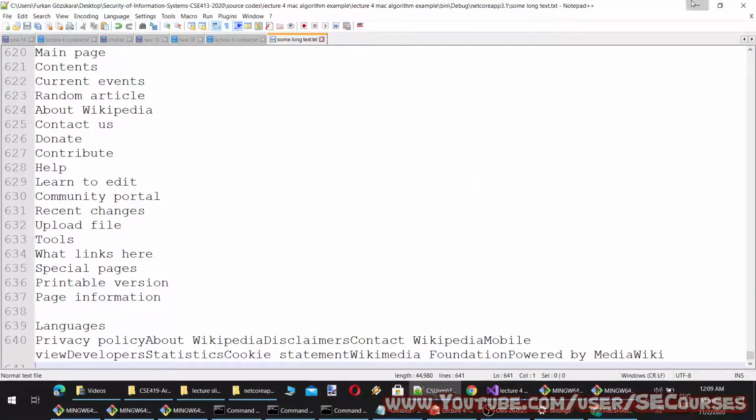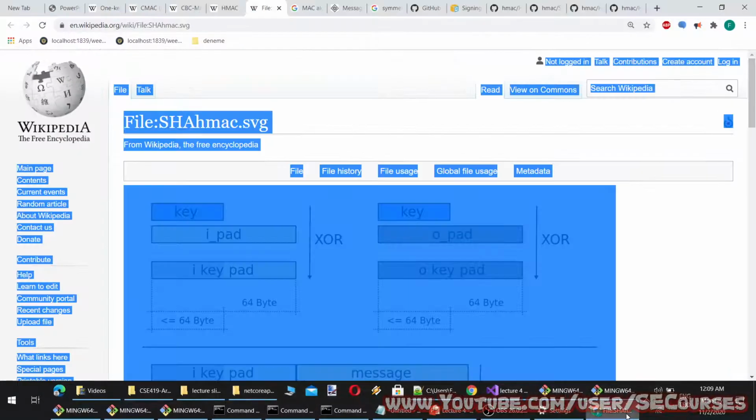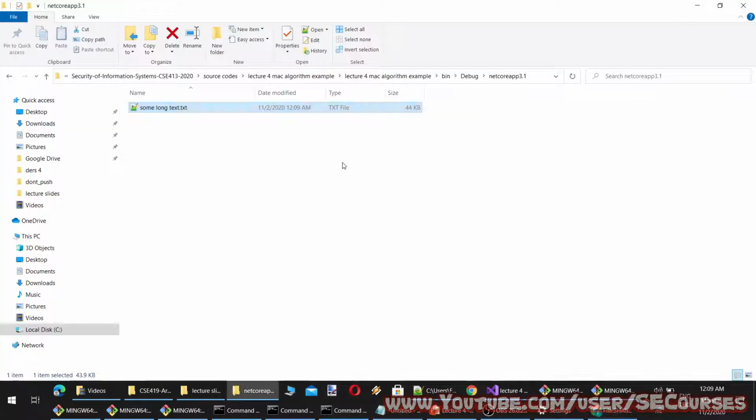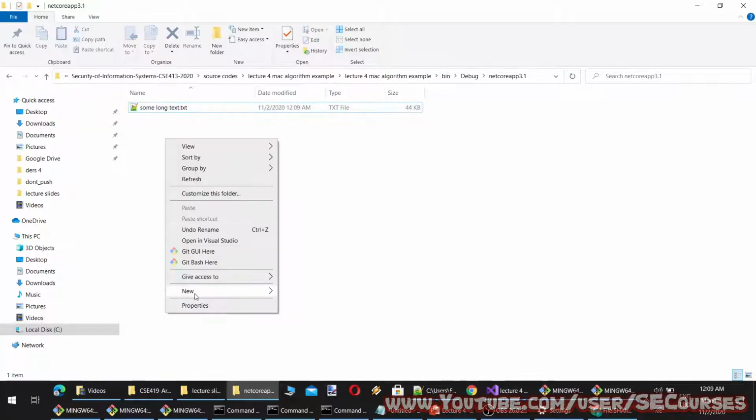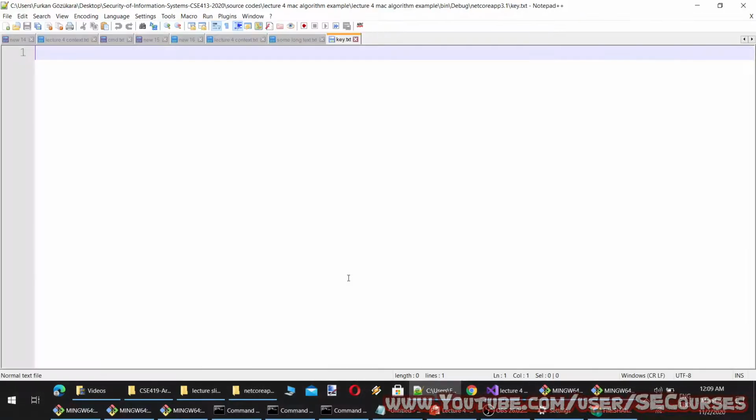So this long text is about 44 kilobytes. It could be 44 megabytes as well. Then I'm going to have a key, and let's say this key.